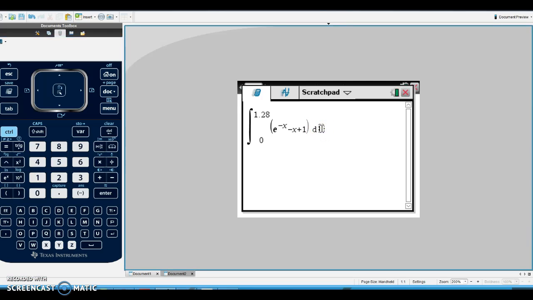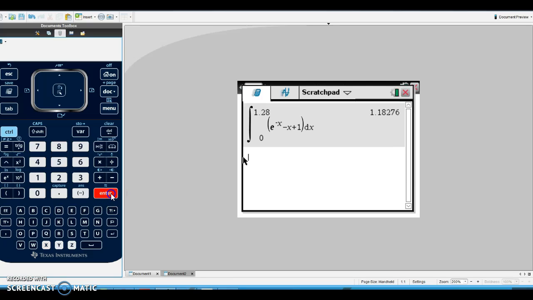The second thing which I want to tell you is very important, you should not miss this information. Because our function is in terms of x, we should inform the examiner that we are integrating in terms of x. So make sure you enter dx. When you press enter, you'll get your answer.